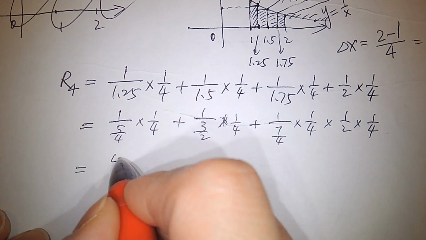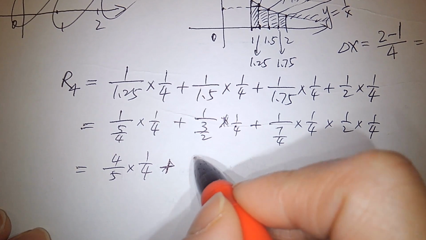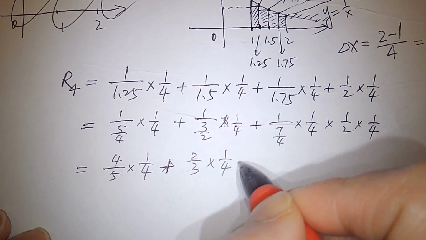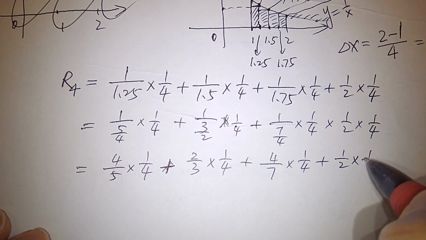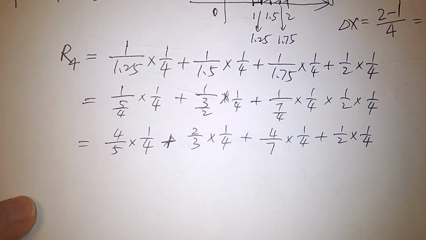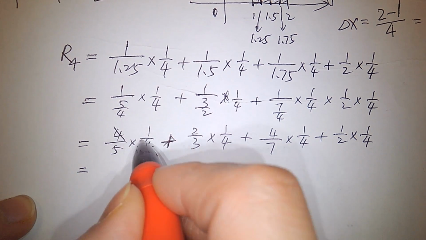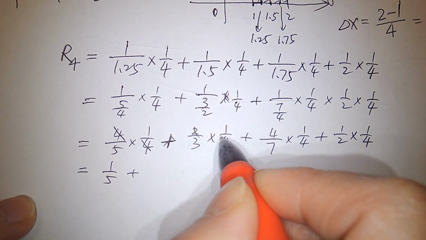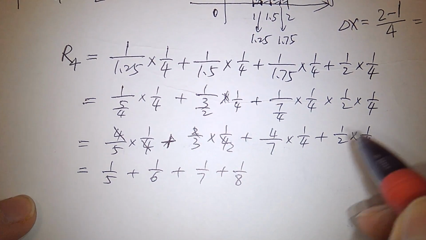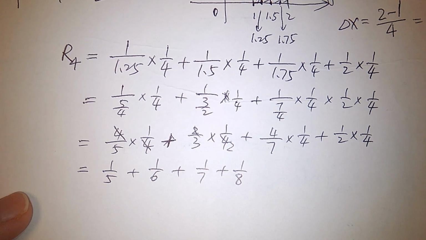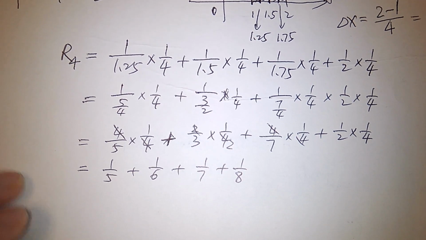So 4/5 times 1/4, plus 2/3 times 1/4, plus 4/7 times 1/4, plus 1/2 times 1/4. So that will give us 1/5 plus 1/6 plus 1/7 plus 1/8.